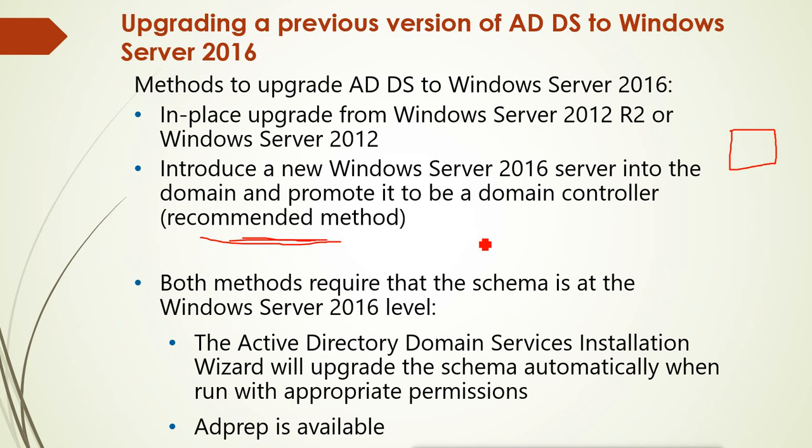We add one machine here on which we install Server 2016, and then we promote this server to be a domain controller. This will also be a domain controller with the same Active Directory database. Now this is Server 2016, and this is the old version, let's say Server 2008.